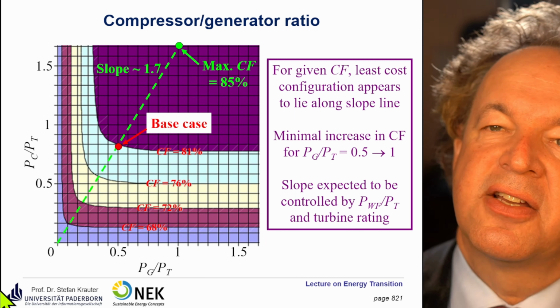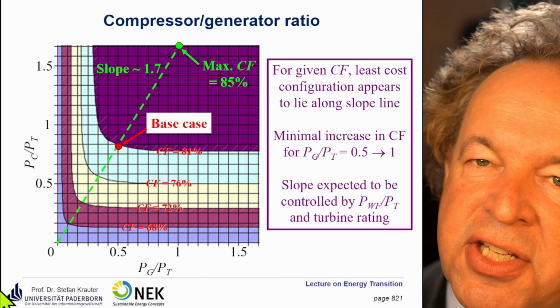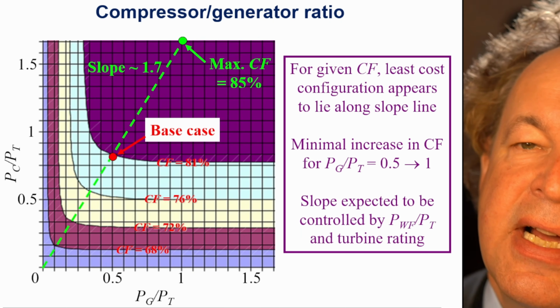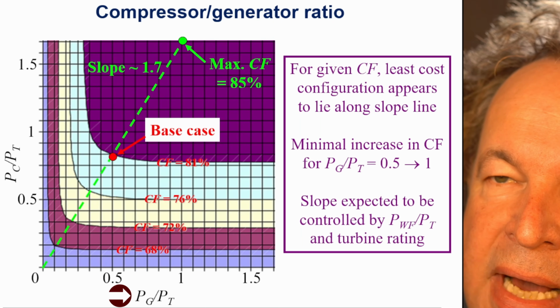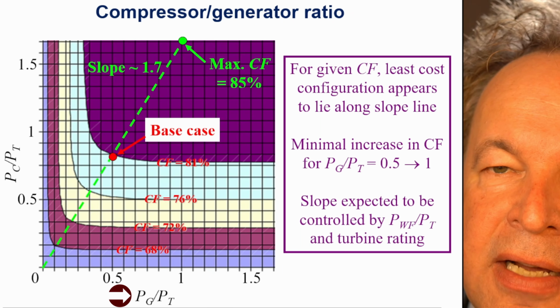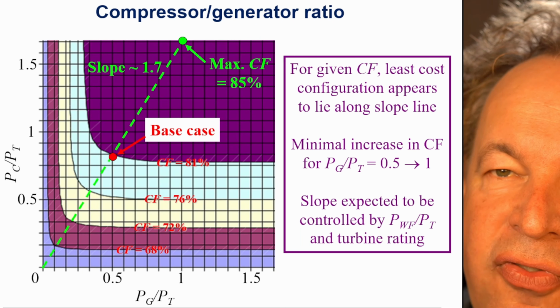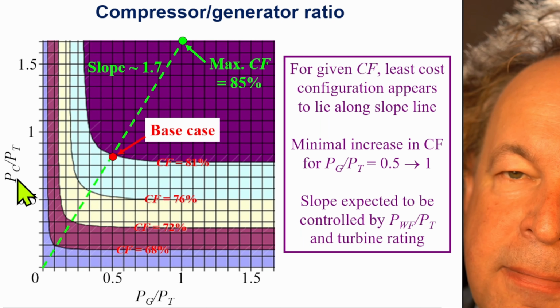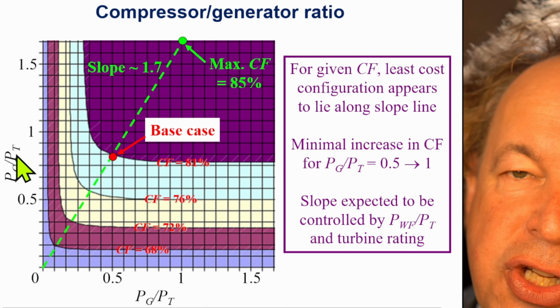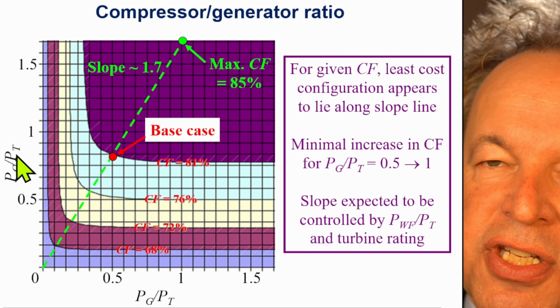So now we discuss the compressor to generation ratio. We have here again the power of the generator in relation to the maximum power of the transmission line. This was 0.5 before, and we have here the compressor power in relation to the power of the transmission system.